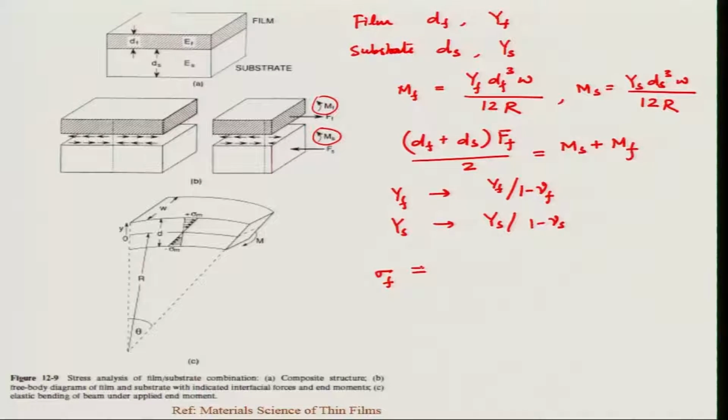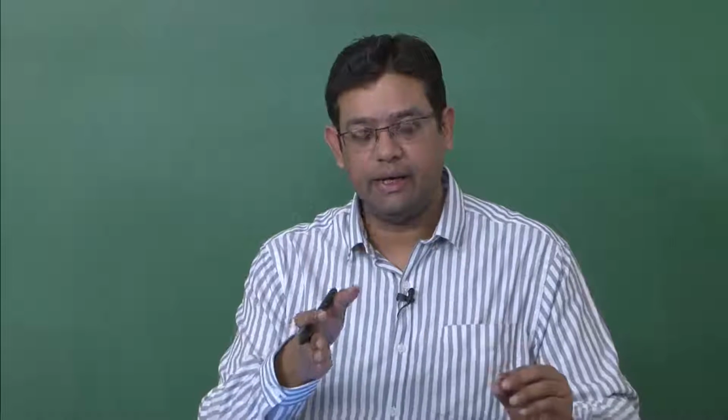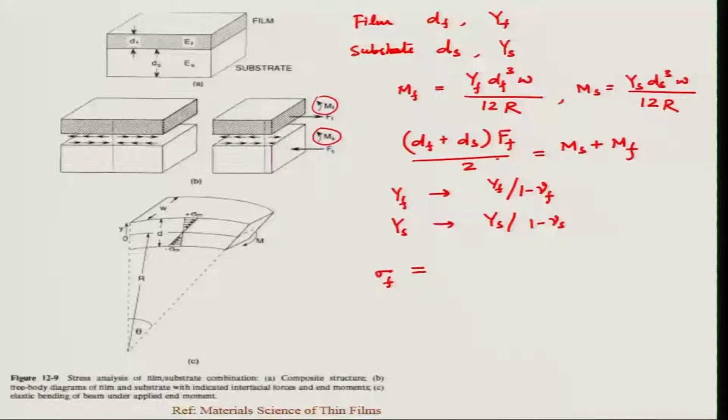Stress is nothing but force divided per unit area. So if we calculate force using these expressions, we can calculate the stress in the film, which will be nothing but force divided by df into w.